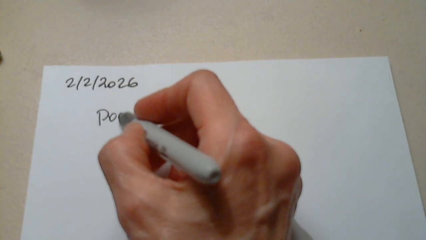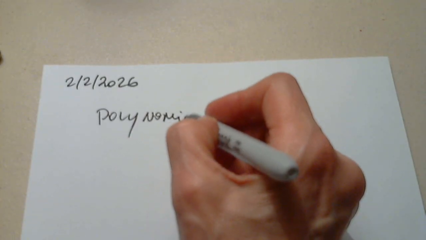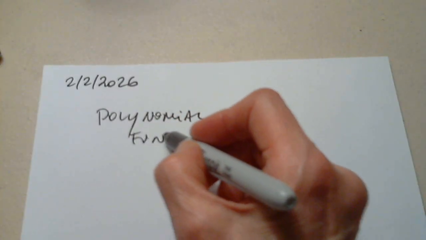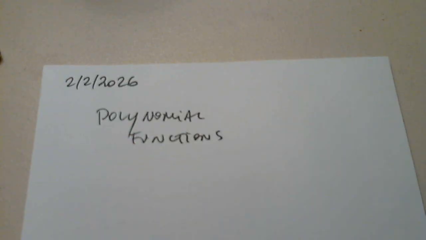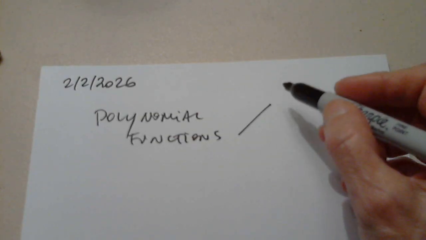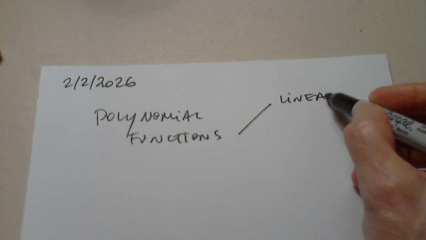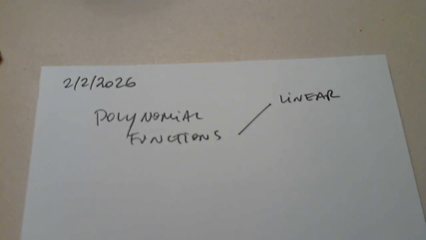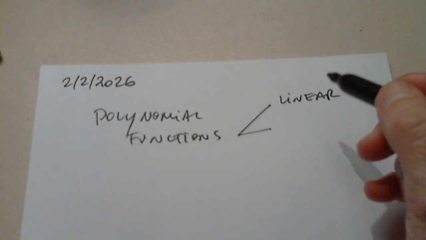So polynomial functions are very friendly. They are defined everywhere, no problems ever. And what are they? Well, linear is the first one that we graphed using x and y intercepts. What is the next level?